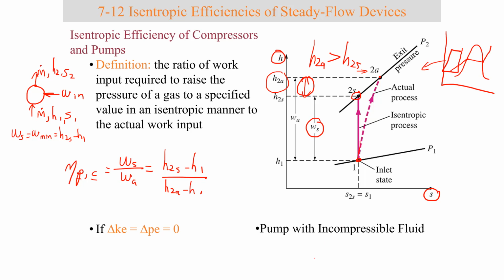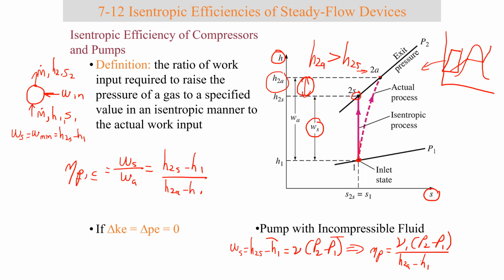So in the case of a pump with an incompressible fluid, we can assume the isentropic work is equal to h2s minus h1, or nu delta P. They give you the same answer. So you can approximate the efficiency to be nu delta P over the actual enthalpy change. Now, this is only for the isentropic process, nu delta P. That is not for the actual process.